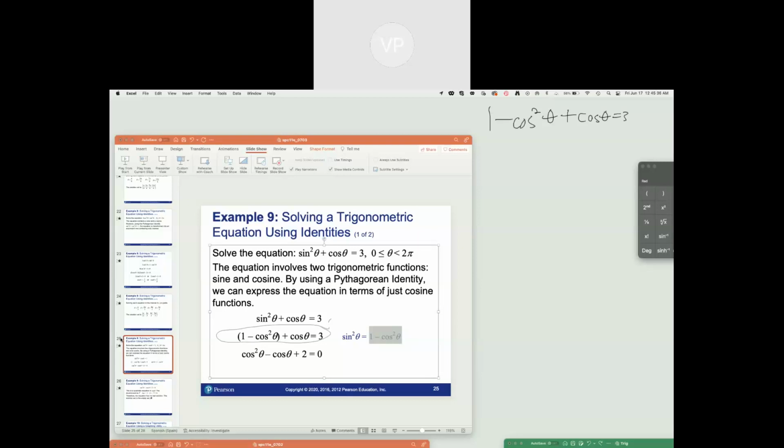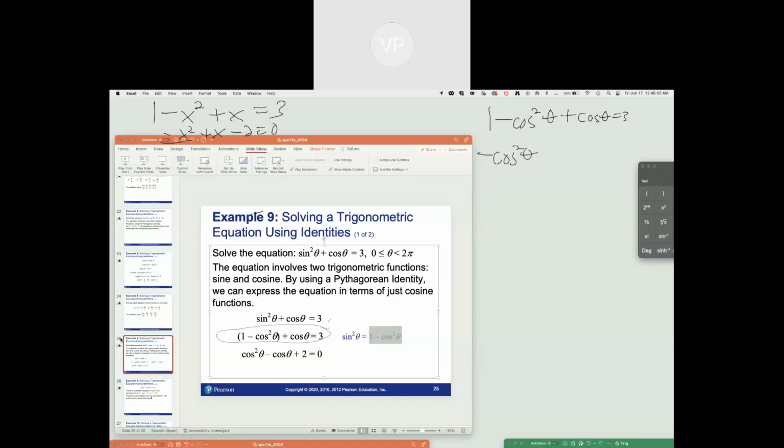Now, the idea here is that whenever you have a square or any power more than 1, you're supposed to get everything on one side of the equation. So pretend it was this. If that was 1 minus x squared plus x, you would get everything on one side of the equation, set it equal to 0. And then normally, people don't like to have that first term negative, so we'll get rid of that. That's the step that you don't see here.